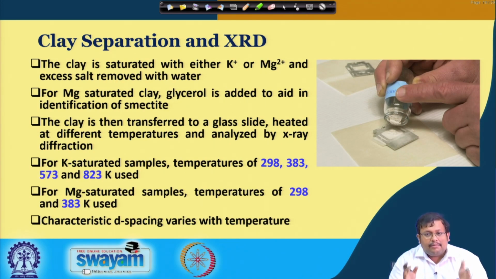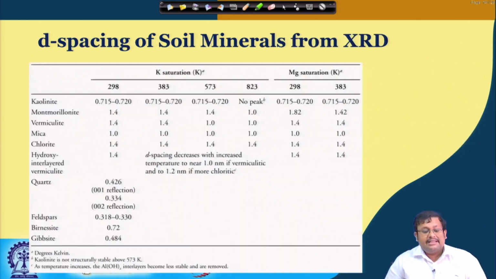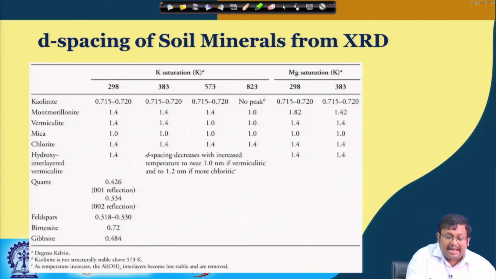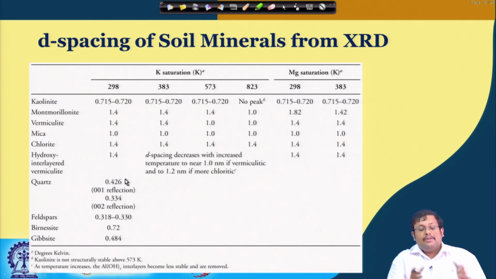We orient these clays on the glass slides, and then we saturate them with either potassium or magnesium. Excess salt is removed with water, and different treatments are given. You can see there are different treatments: potassium saturation, magnesium saturation, and also different temperatures, and how these different temperatures vary their d-axis spacing. So, from there you will have an idea.